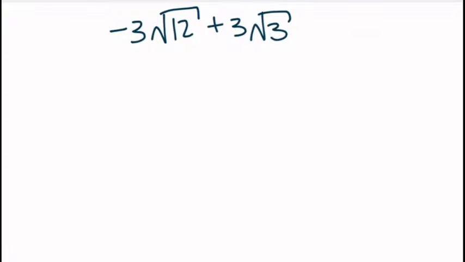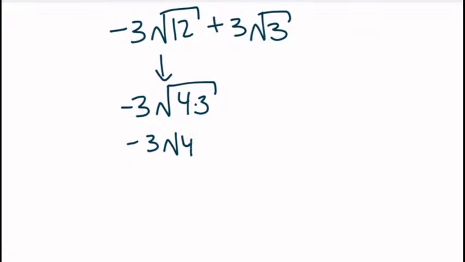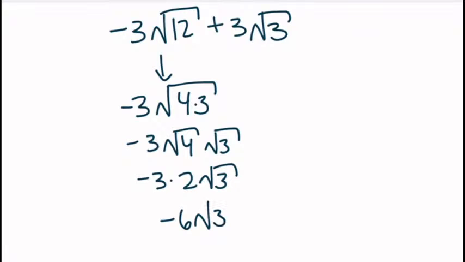Our next problem is going to be negative 3 radical 12 plus 3 radical 3. This is kind of similar to the problems we've been doing. We already know that we can simplify this one down into radical 3, so we can do negative 3 times radical 4 times 3, and then do the simplifying process to get negative 3 times 2 times radical 3, or negative 6 radical 3.